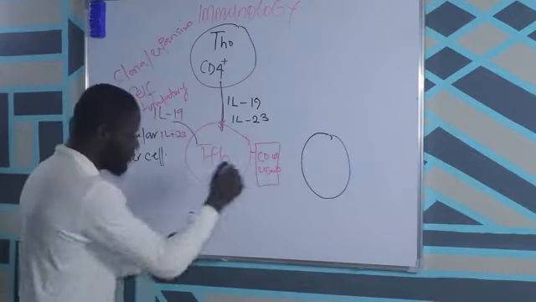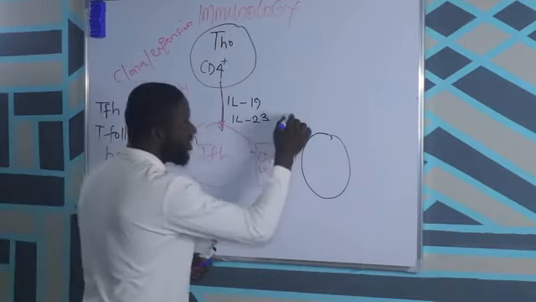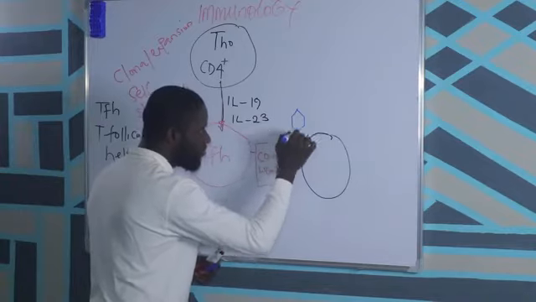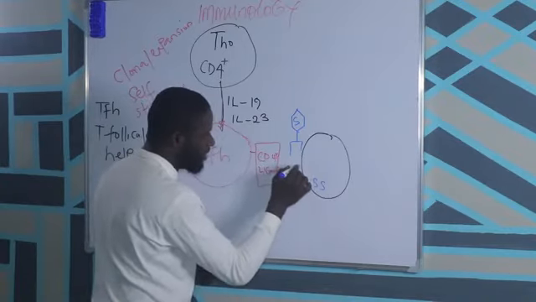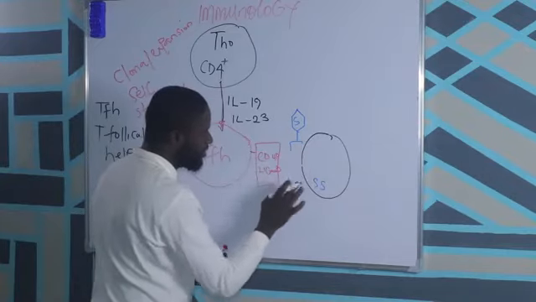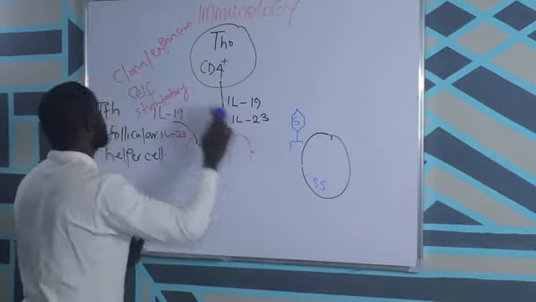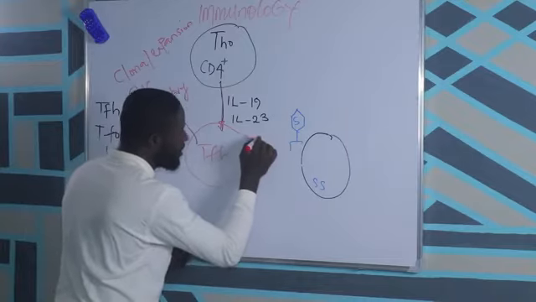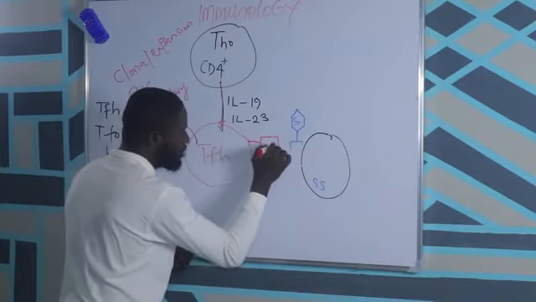Do not forget, this B cell has also been infected by the same virus. So this B cell also is activated. Let me bring this here. CD40 ligand. I'm just going to denote it with CD40L.